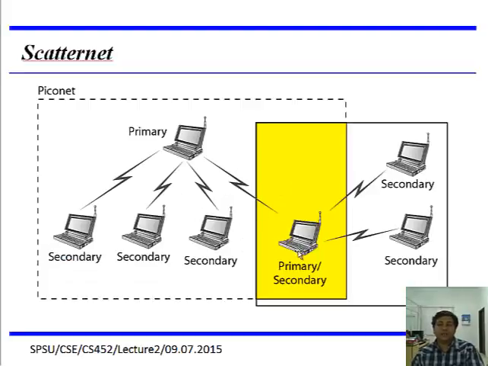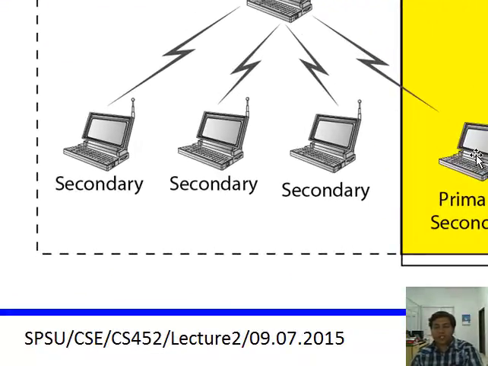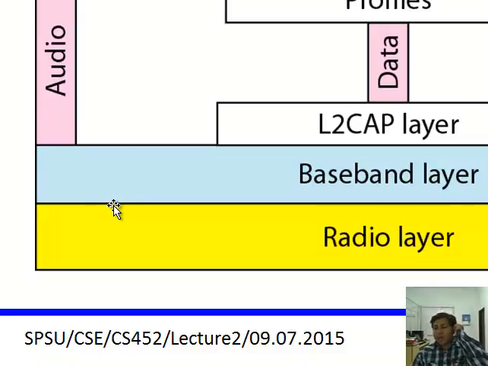You can see this can be primary and secondary for different networks. So this can be primary for this, and this can be secondary for this. Depending on that, we can have different network structures. Now this is about different topologies.